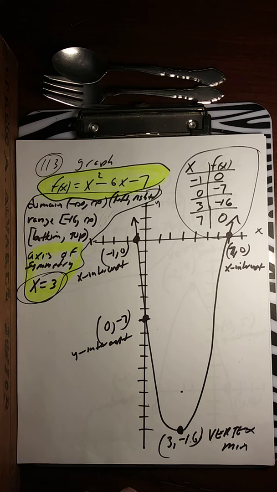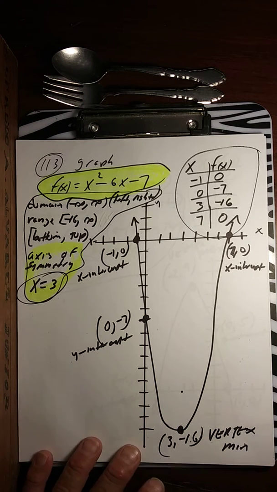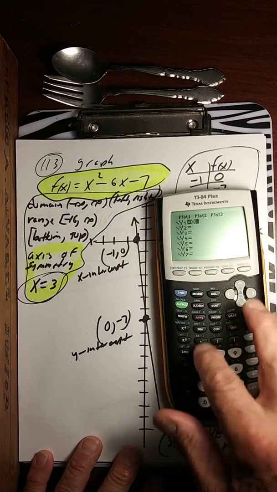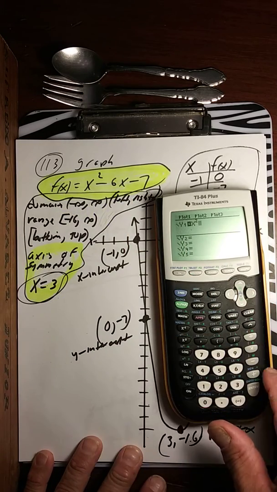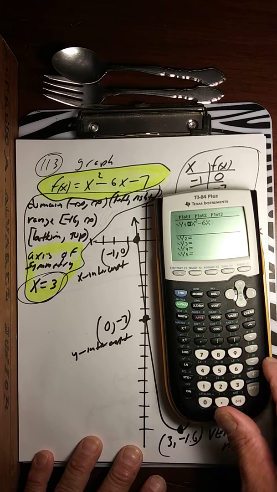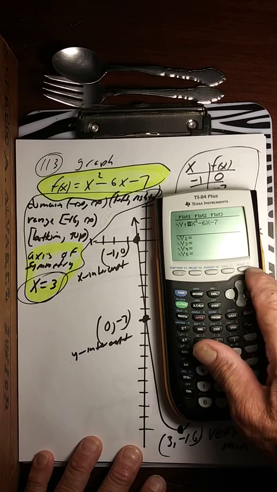Now the graph, put it in the calculator, of course. So let's put it in the calculator. X squared minus 6x minus 7. Hit graph.